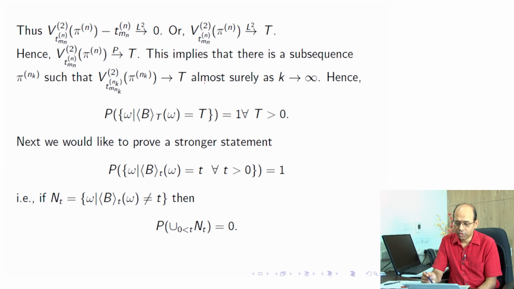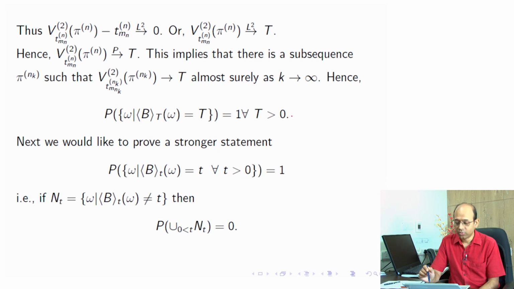So that would give us that this T is the quadratic variation, but that is true with probability 1. The probability that B_t is equal to t is 1, for all t positive.